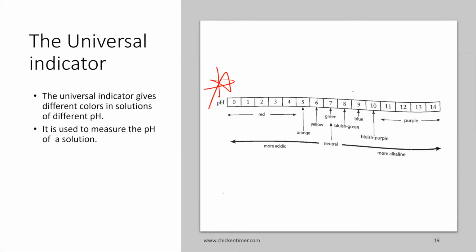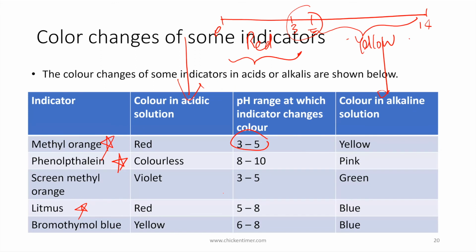You have the pH scale. The universal indicator is the one that changes color all the time. Every pH will change color, so you have a variety of colors. That's one indicator. Then there are other indicators like methyl orange, phenolphthalein, screened methyl orange, litmus, bromothymol blue. All of them will change color at a certain pH range. Methyl orange will be red in acidic and yellow when it's alkaline.